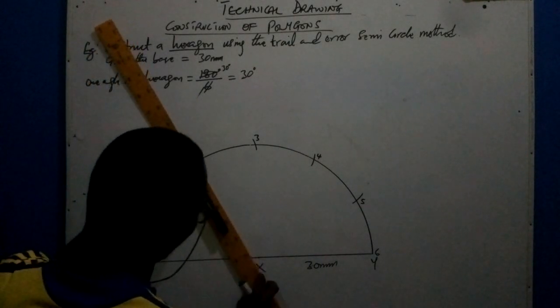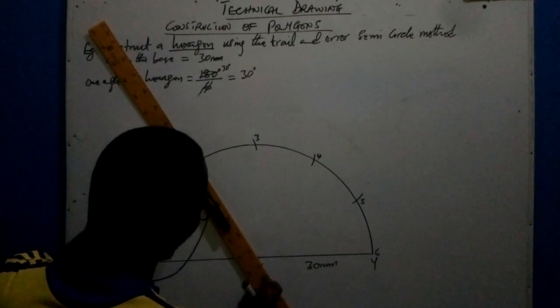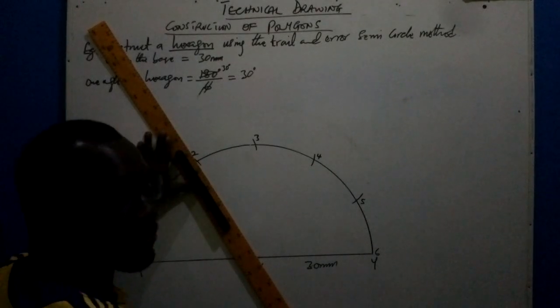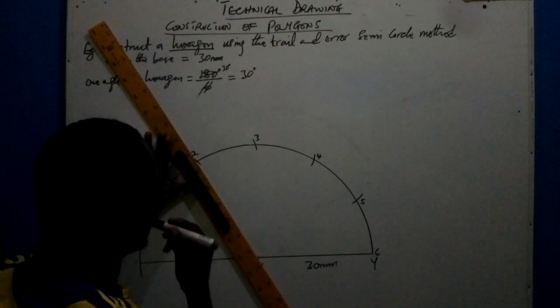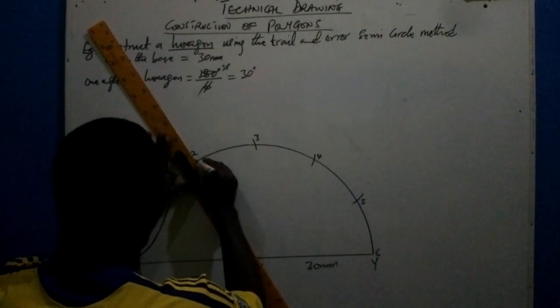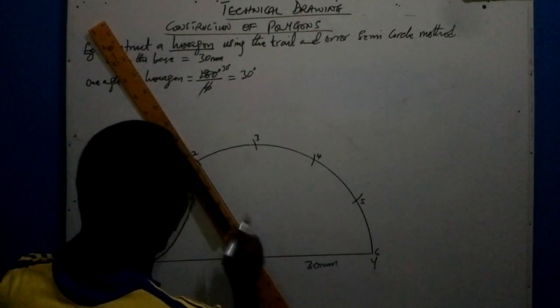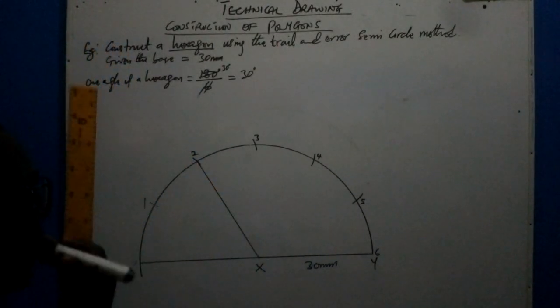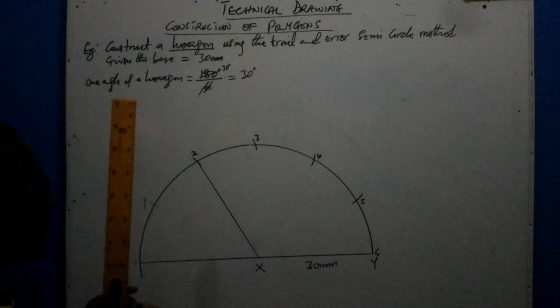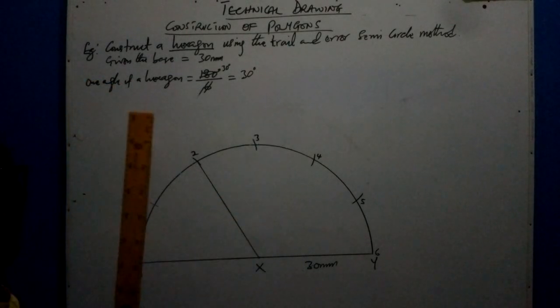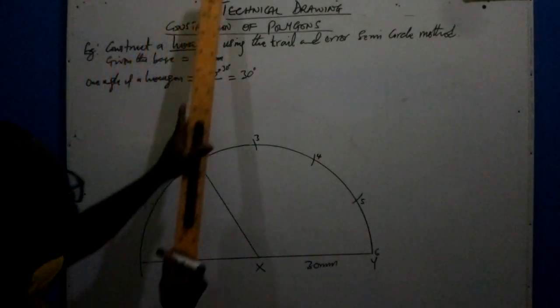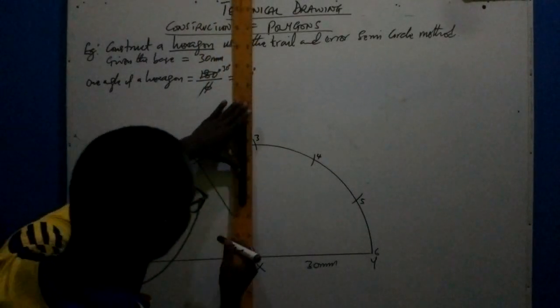We will draw it to pass to the number 2, from the center of the semicircle to number 2. Then after the number 2, we will draw it to pass to those numbers.